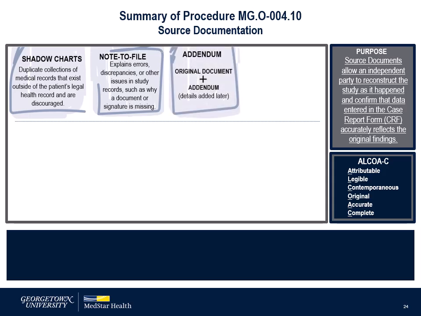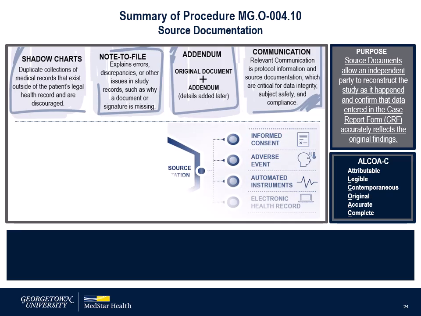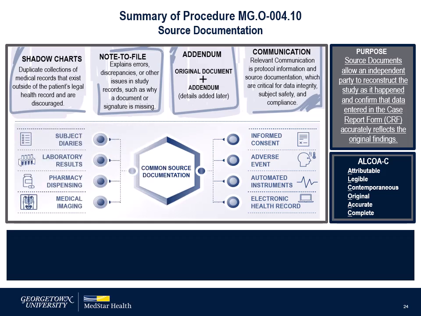An addendum is a document that adds new information to an original document without changing its core terms. Relevant communication is protocol information and source documentation, which are critical for data integrity, subject safety, and compliance. Common source documentation is primary data essential for recreating and evaluating the trial, with electronic versions of these documents now being used as common source documentation.